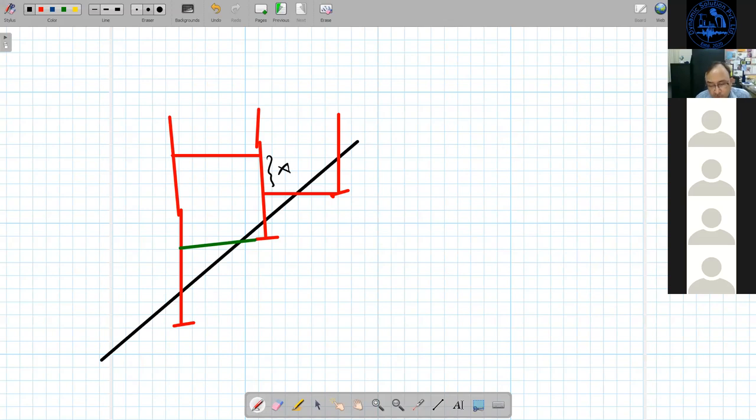How can I avoid this to be short column? By avoiding this beam. If this tie I am not connecting, then I can avoid this to be a short column. Then it will be sufficiently tall. Okay, so it will depend on the actual arrangement of the column.